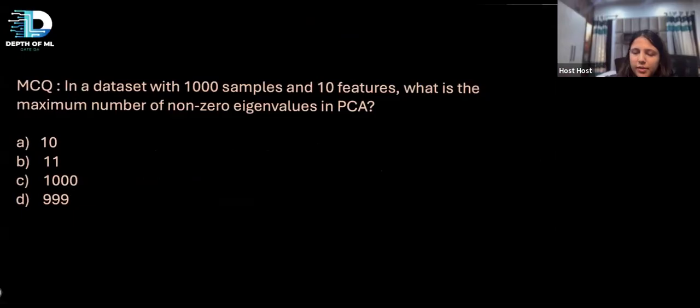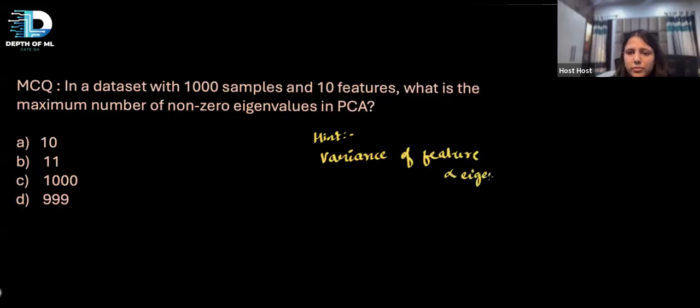So let me give you a hint. The variance of a feature is directly related to the eigenvalue, right?